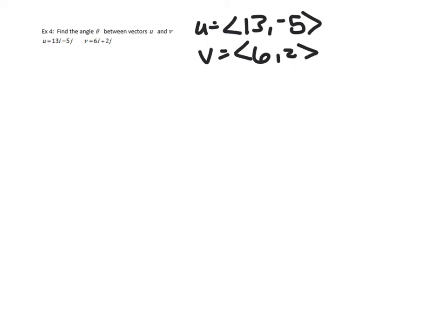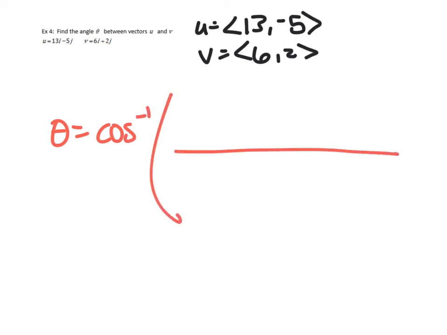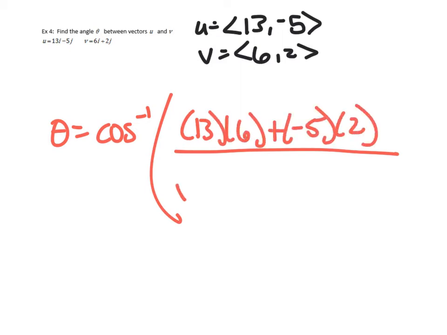If I set up another one, the only difference between this and the last one is here I'm giving you linear combination form instead of component form. So all I'm going to do is write them in component form, and then we're going to do the same thing. So basically I'm going to do cosine inverse, and then you're doing your dot product, 13 times 6 plus negative 5 times 2, over the magnitude of each.